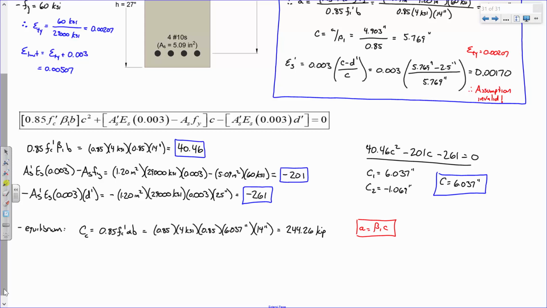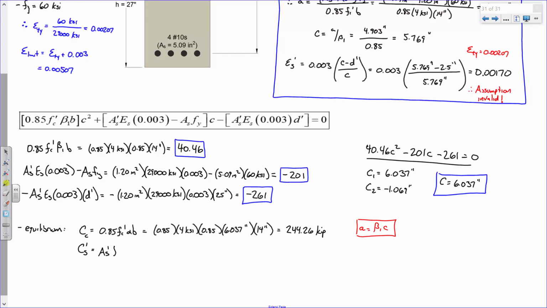kips. All right, everybody got that? Okay. Now, there are 2 compressive forces, right? There's the compressive force in the concrete, and then there's the compressive force in that upper layer of steel. Now, if you say that compressive force is the area times Fy, that's wrong, okay? That's wrong because that's assuming that the compression steel yields. It doesn't yield.